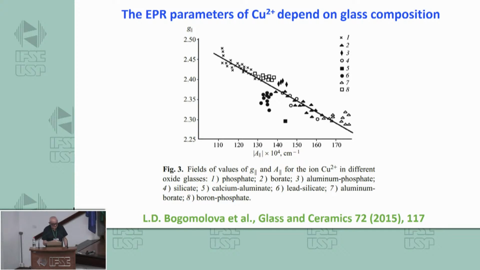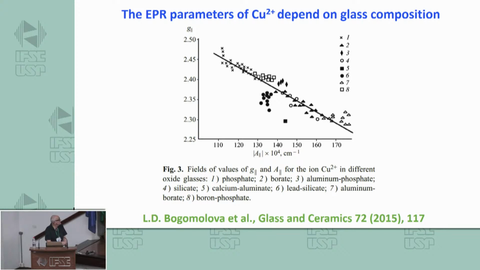And here you see some results on glass. This is a compilation of EPR parameters of copper in different types of glasses, from this overview paper here. Phosphate glasses, shown over here, have a higher g parallel value than, for instance, these ones over here, which would be the aluminoborate glasses.